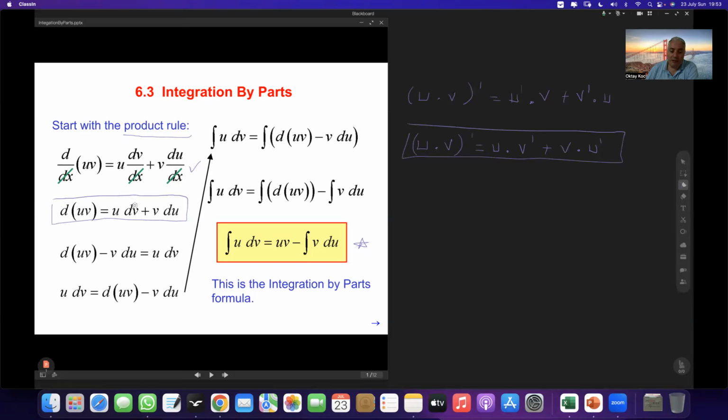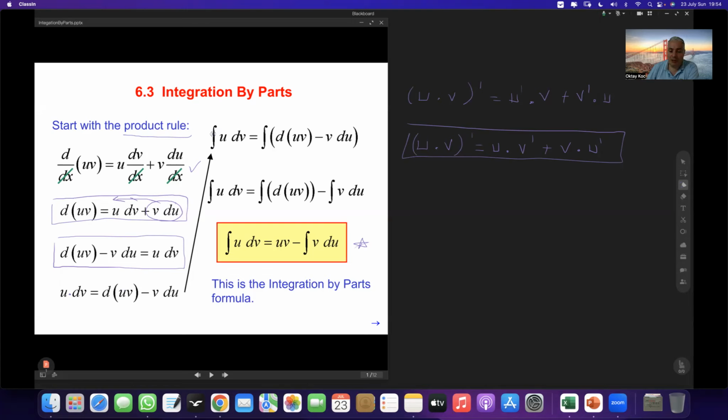After this step, if I move the v times du part to the other side, the positive expression will become negative, so we will have d(uv) minus v du is equal to u times dv. If we rewrite this, u times dv equals the differential of u times v minus v times du. After this step, we integrate both sides.